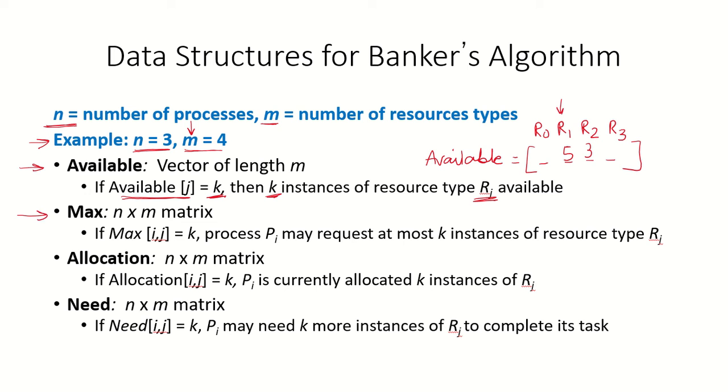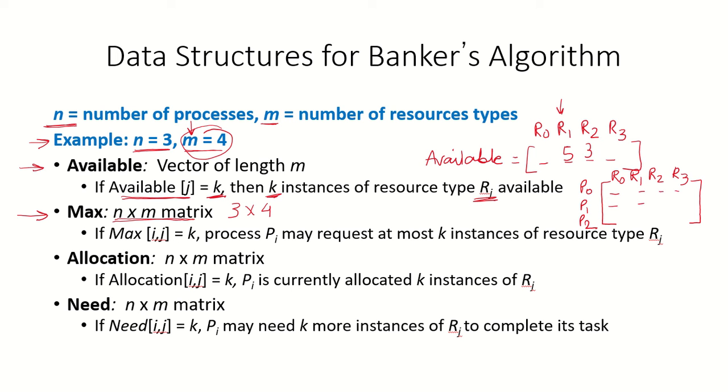Next is the Max data structure, which is an n by m matrix. N is 3 and m is 4, so this is a 3 by 4 matrix. That means there will be 3 rows and 4 columns. Each row represents a particular process, so we have P0, P1 and P2, and each column represents a particular resource type, R0 to R3, because we are taking m equal to 4 in this example.